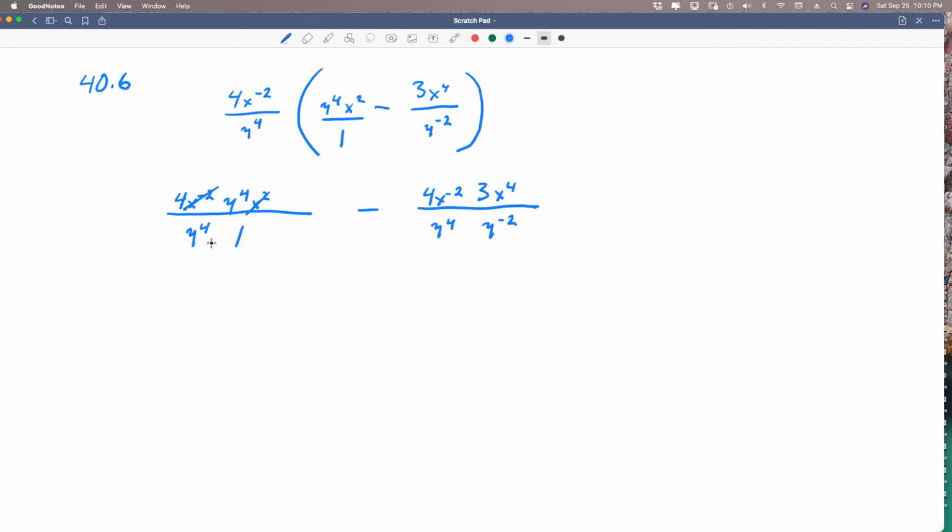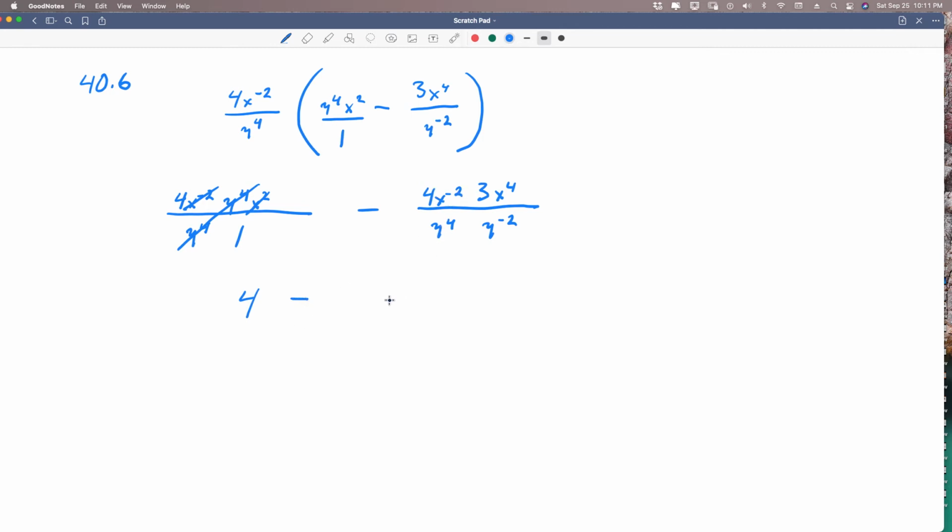Using cancellation, we could just cross through those. But for the sake of looking at the exponents more closely, if we take this 4 up to the top, it's going to be minus 4. And y to the 4 minus 4 is y to the 0. So it goes away. So what we're left with is 4 over 1, which is just 4 here.